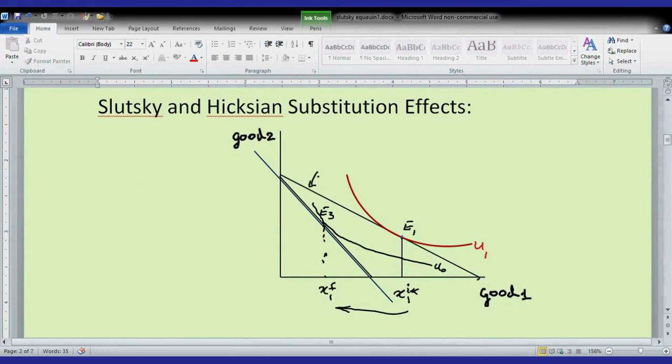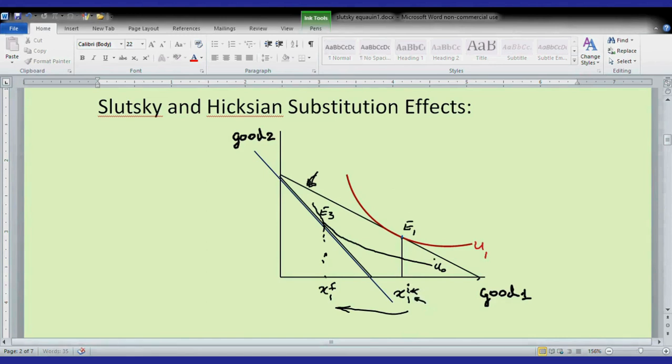This is initially the budget constraint, and this budget constraint and one of the indifference curves are tangent to each other at point E1, with respect to which we define the initial optimum point. See that the individual is consuming x1i units of good 1 at this point.